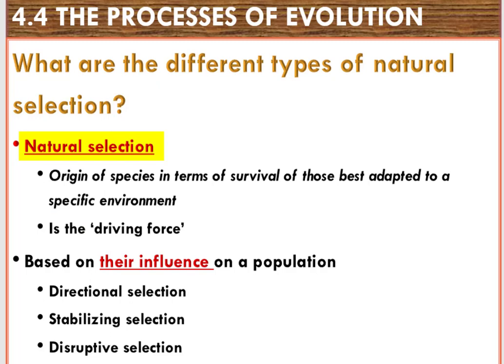Natural selection is the theory that explains the origin of a species in terms of survival of those best adapted to a specific environment. There are three different types of natural selection based on their influence on a population. These are directional selection, stabilizing selection, and disruptive selection.